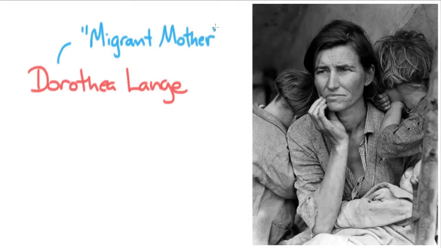Now, I'm using this photo as an example of the difference between art photography and documentary photography, because you could approach this situation in two different ways. If you are Dorothea Lange, you walk up to this woman, you say, ma'am, is it all right if I follow you for a while and take some photographs of you? And then you proceed to take photographs while this woman is going about her day. And if Dorothea, or you as a photographer, don't affect this person in any way by trying to make them pose or do anything extra for you, if you don't tell them to sit and put their hand on their chin and look out across the prairie, then that is a documentary photograph.